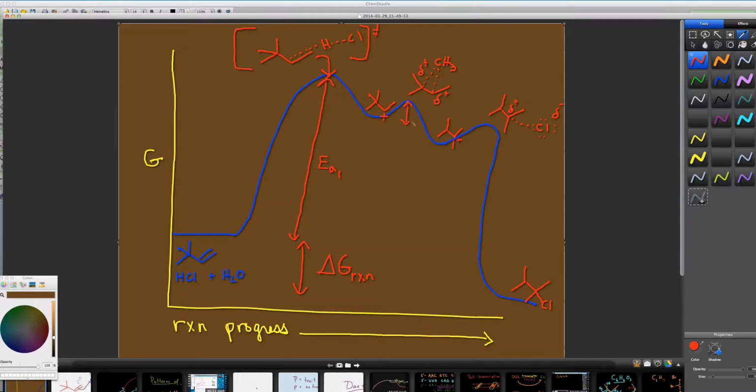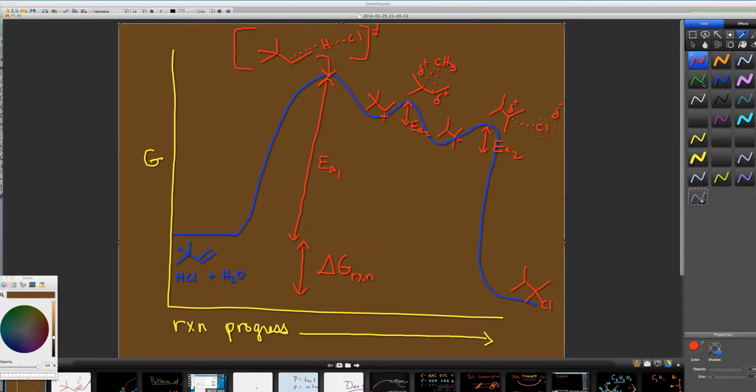This is the second step. And of course, this is the third step. So this really shows us all of the detail in this mechanism that one would need to see.